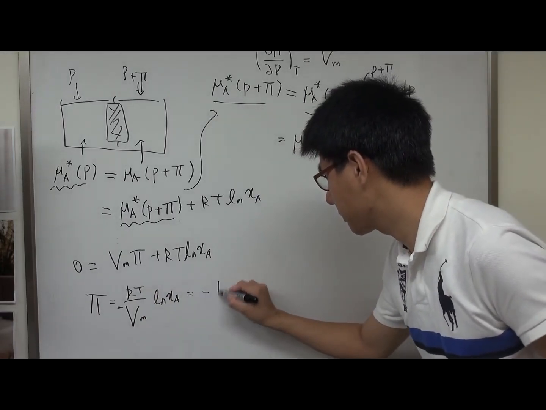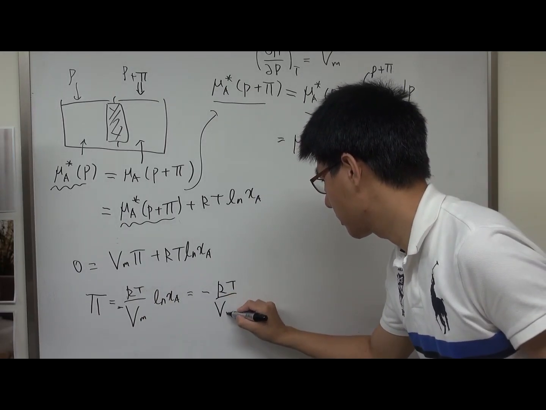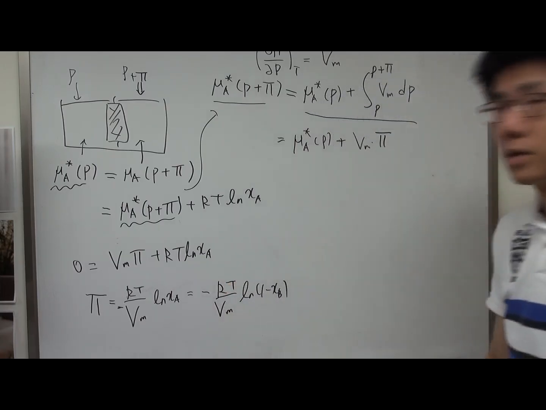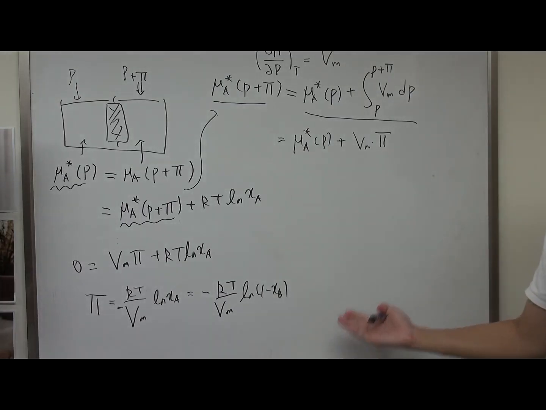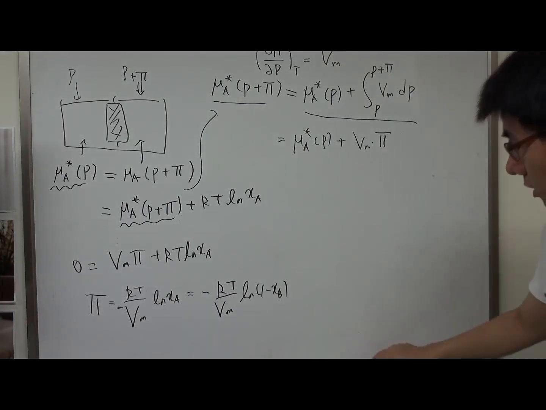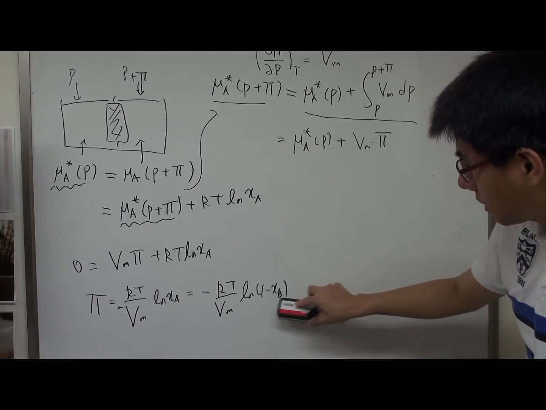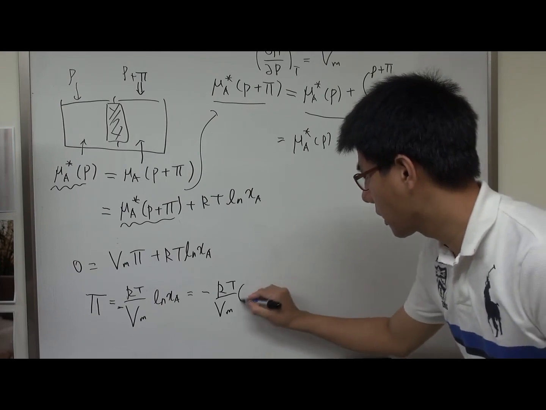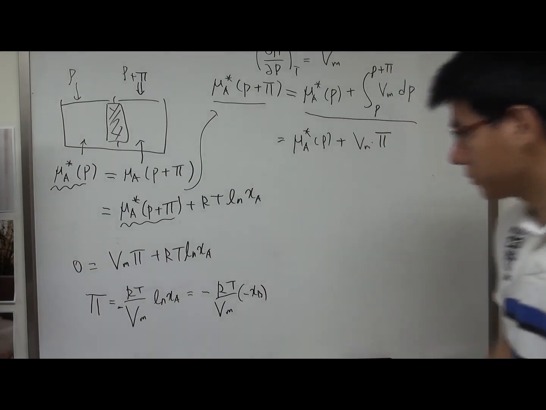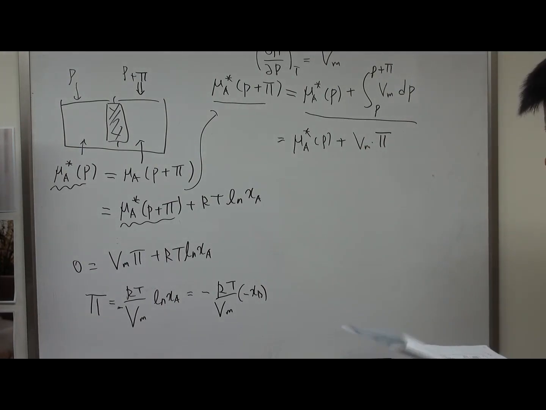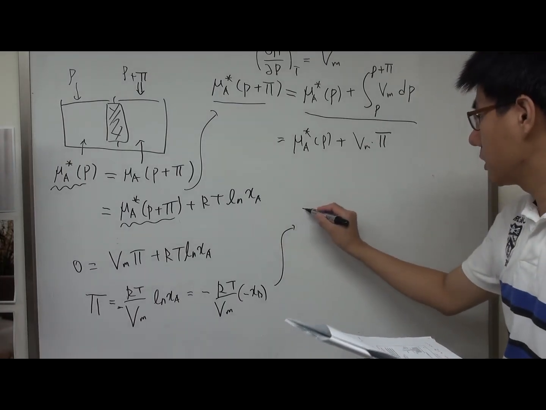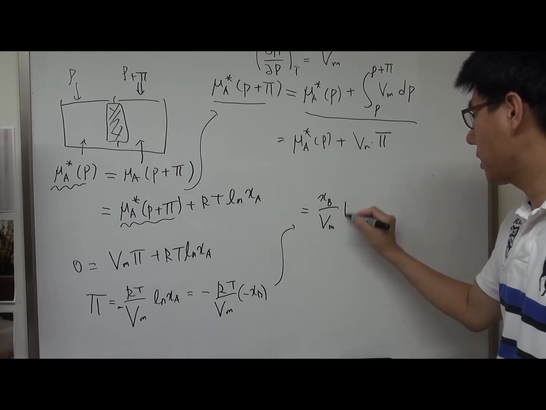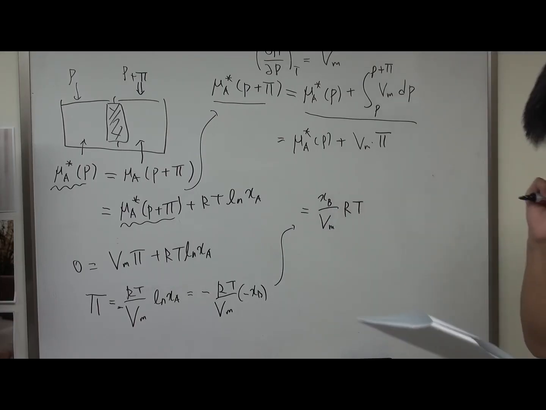And ln XA is ln of 1 minus XB. As you did for the derivation of boiling point elevation, ln of 1 minus XB is approximately minus XB. So what you get is pi equals XB RT over Vm.